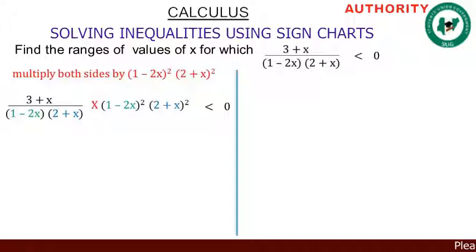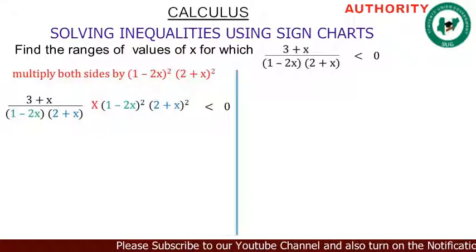In the denominator we cancel (1 - 2x), but you remember that this is squared, so one of them will go. Then we have (2 + x), and we cancel one of the (2 + x) squared. All these ones that have a square, we cancel one of each, and the remaining one stays.